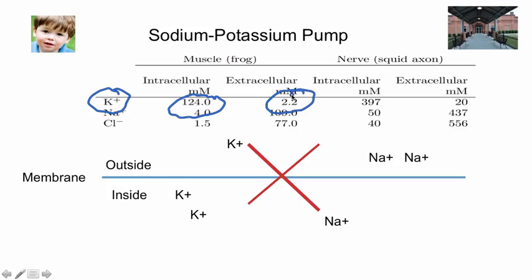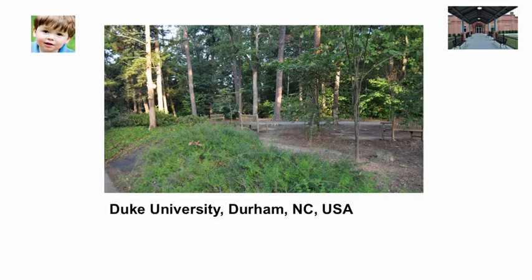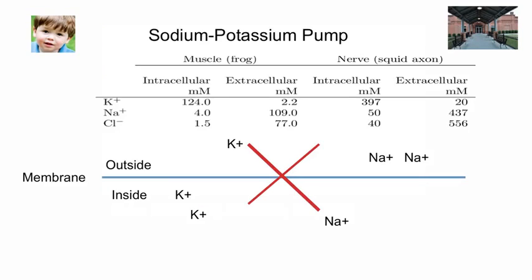Similarly, in this cell, on the inside, the concentration of sodium ions is 109. The concentration outside is only 4.0.